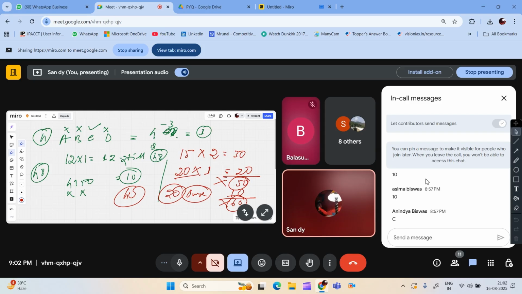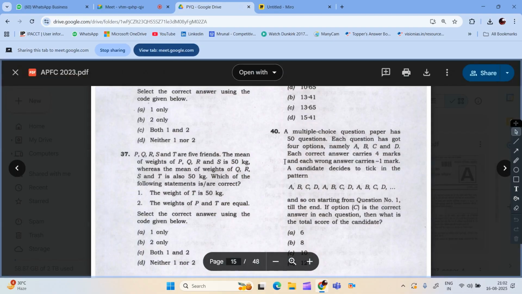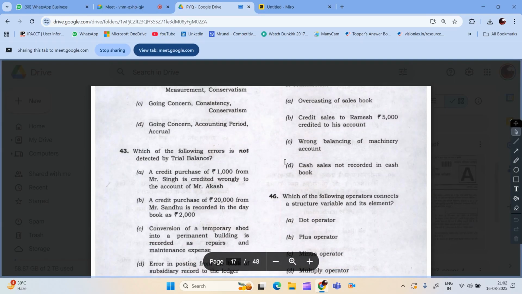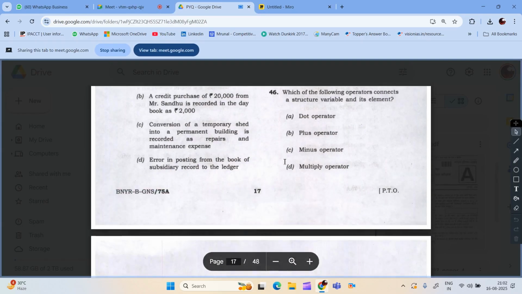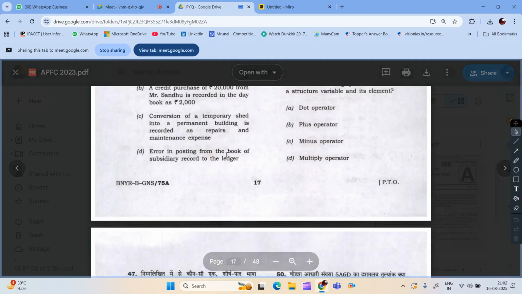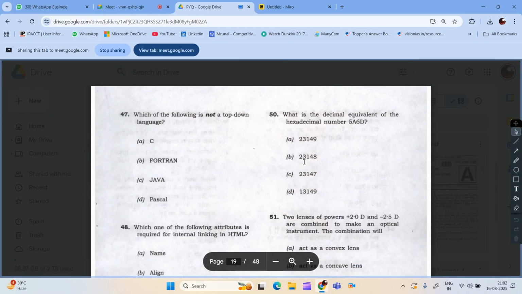Now, let us look at some more questions. There is a question from trial balance. Although I am in the classes, I said we will not be discussing the accounts related maths here. Now, can you see a pattern here?